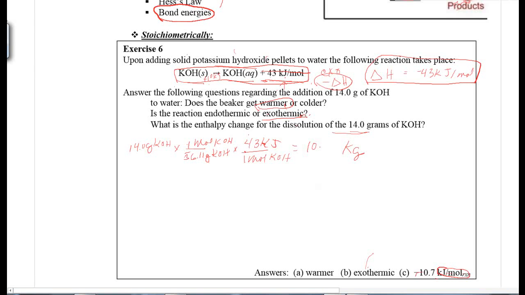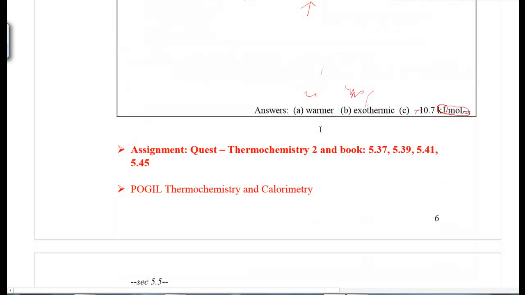So my calculator says 10.7 and looks like I want 3 sig figs. It's got to be negative. So again, people look at this, easy problem. Problem is, you've got to know if it's exothermic, right? If it's getting warmer, I've got to have a negative. Okay. All right, so we're going to stop right there.